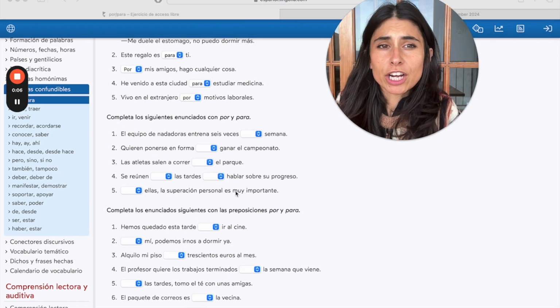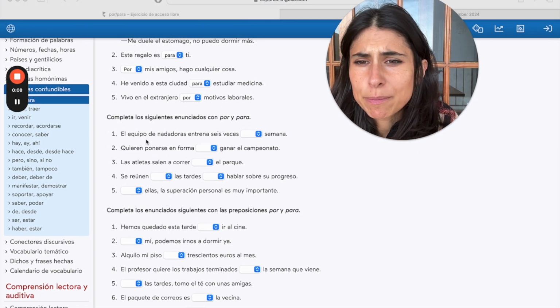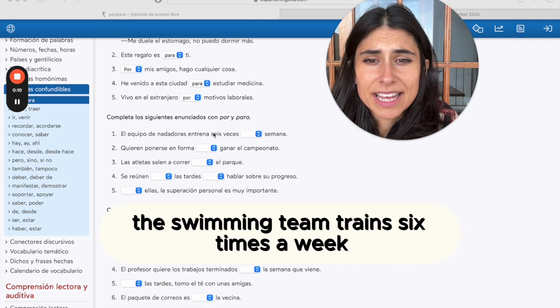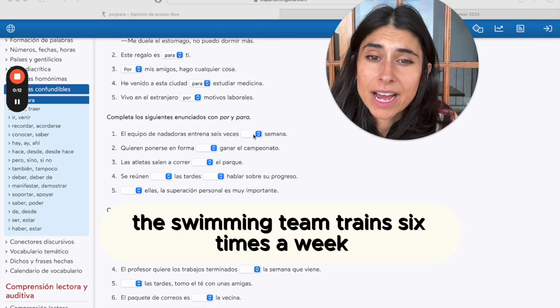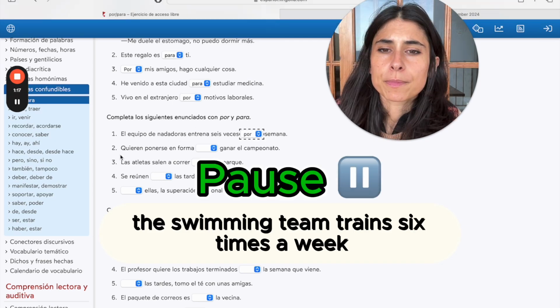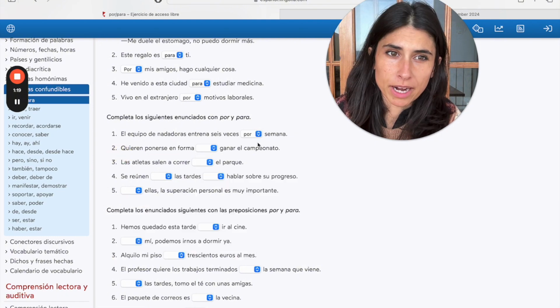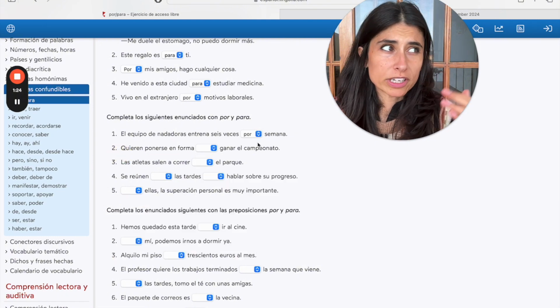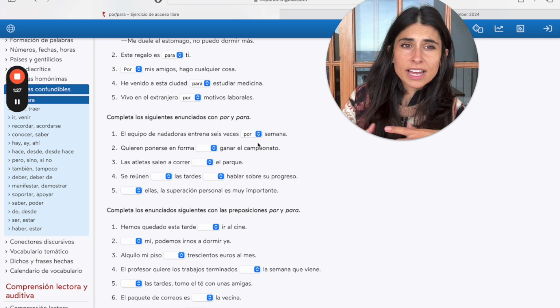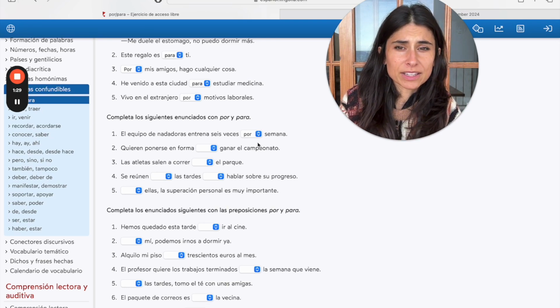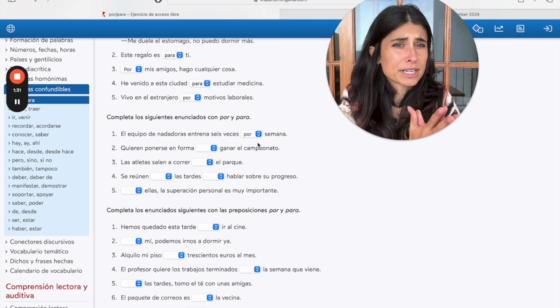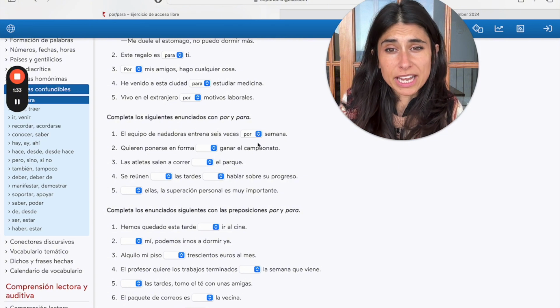This is a bit of a higher level. El equipo de nadadoras entrena 6 veces por semana. Por semana. In this one, it's hard to know whether it's the purpose or the cause. In this case, you can think about, is it like a goal? Is it a purpose? No. Can it be translated by through?